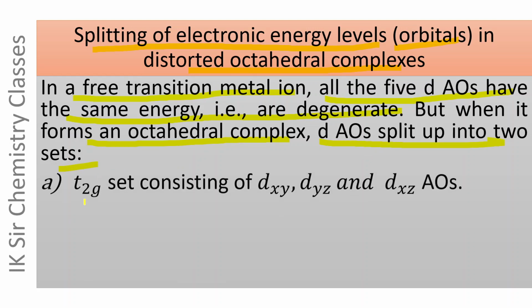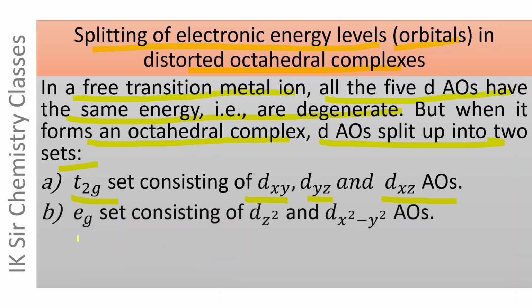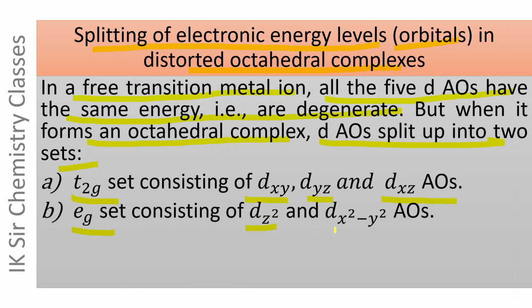The first set of orbitals is the T2g set. It contains dxy, dyz and dxz atomic orbitals, while the other set, the Eg set, contains dz square and dx square minus y square atomic orbitals. In octahedral crystal field, these three atomic orbitals have lower energy, while these two d atomic orbitals have higher energy.